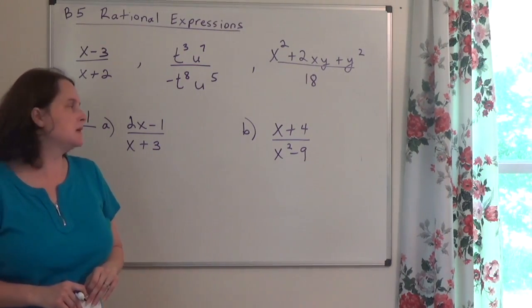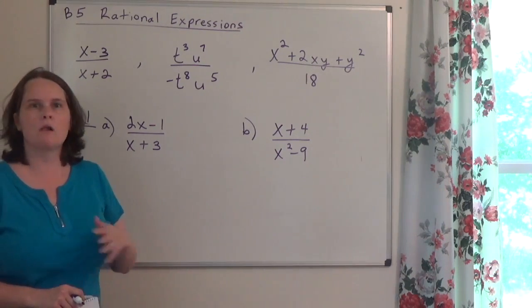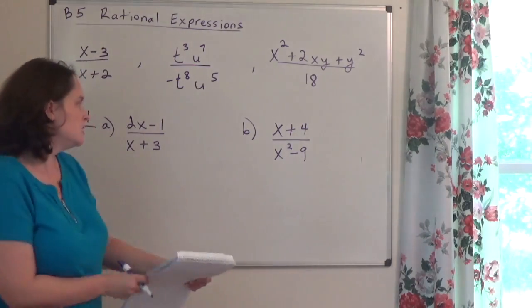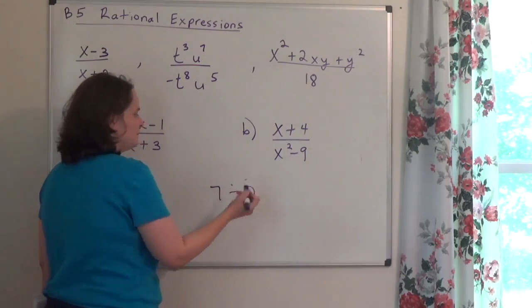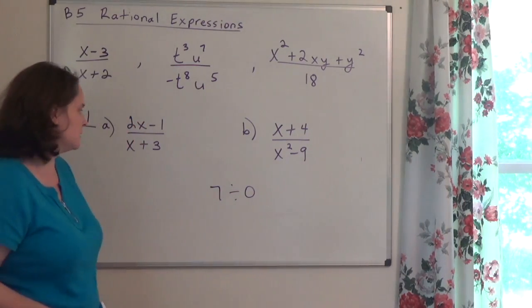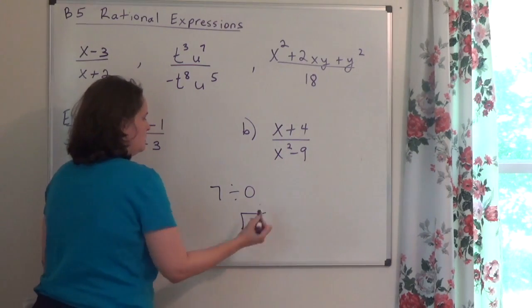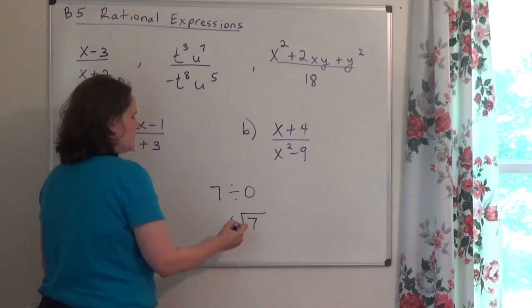So let's just talk about that for a moment. Going all the way back to when you first learned division, a long time ago. If you were asked to do something like 7 divided by 0, let's just see what would happen if we tried to do that. If you were to set up a division problem, you'll do 7 divided by 0.